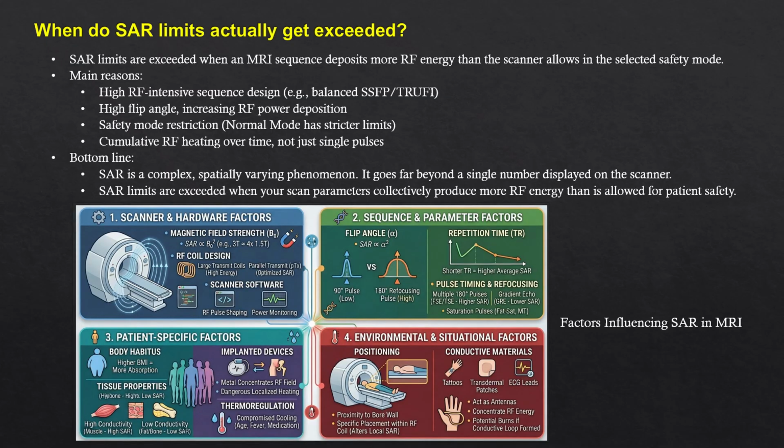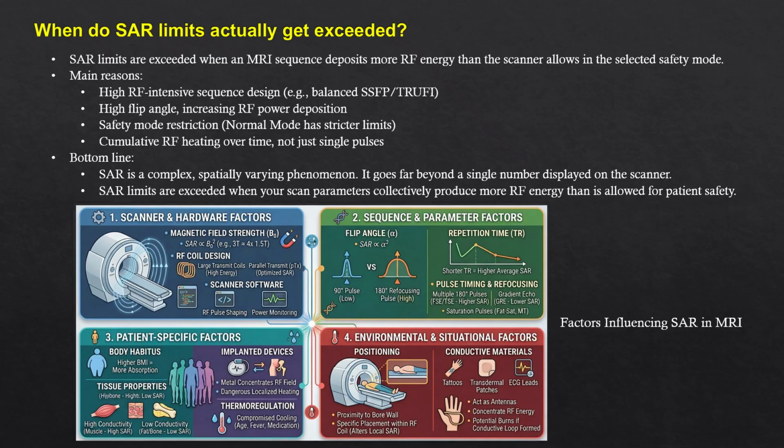So when do SAR limits actually get exceeded? SAR limits are exceeded when an MRI sequence deposits more RF energy than the scanner allows under the selected safety mode. In the SAR physics video, we introduced the key factors that influence SAR in MRI. And as you've learned, SAR is not controlled by a single parameter. It results from multiple interacting factors.